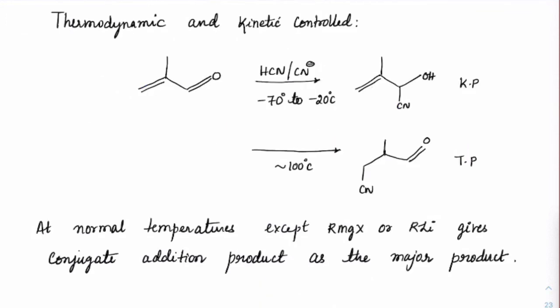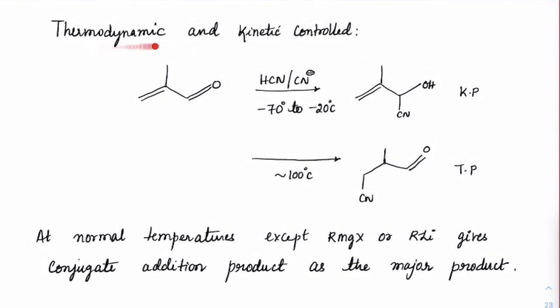So in part 1 of carbonyl compounds, where we ended, we discussed thermodynamically and kinetically controlled reactions. Suppose you have a conjugated aldehyde or ketone, an alpha beta unsaturated aldehyde or ketone.